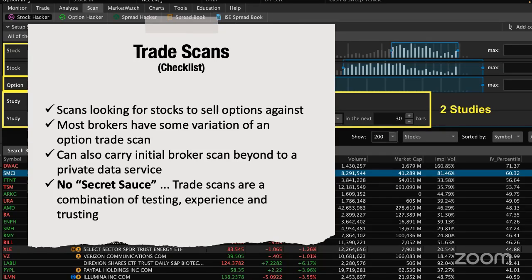I know the main brokers, Thinkorswim/Schwab, Fidelity, Tasty Trade, Interactive Brokers, all have those that you can scan at, even E-Trade that Jeff Wood uses sometimes. You can also carry the initial broker scan beyond to private data services. There are other sites out there that can help you with stock scanning as well. I'll just cover a couple of those a little later.